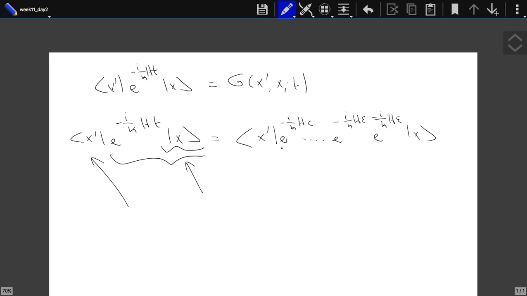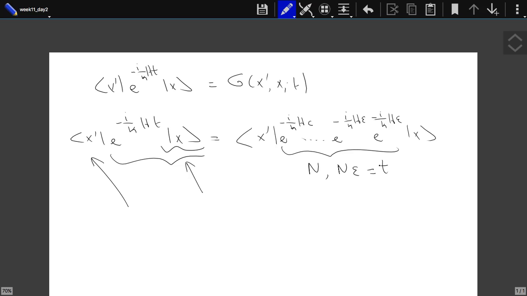Let's say we have n of these, and n times epsilon is just our t. So we didn't really do anything. H commutes with itself, so the product of exponentials of H is just the exponential of the sum.